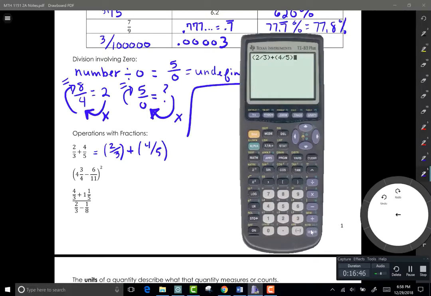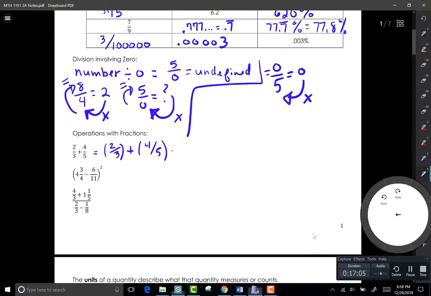I'm going to hit enter, and by default, it's going to give me a decimal value. Now, what I want to do is change it back to a fraction so I can write down my answer in fraction form. So I'm going to hit the math button, and I'm going to hit option 1 that says change it back to a fraction. And the answer is going to be 22 over 15.